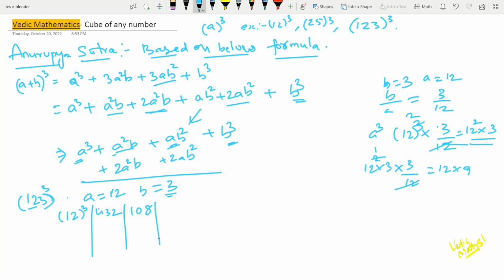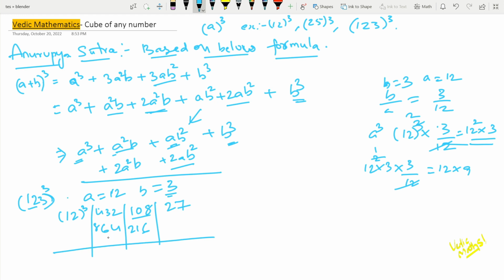Now we have the last term, that is b cube, that means 27. For this one you simply need to double this number, correct? So when you double it, you will get 864. And again for this one you have to double this number 108, so you'll get 216.